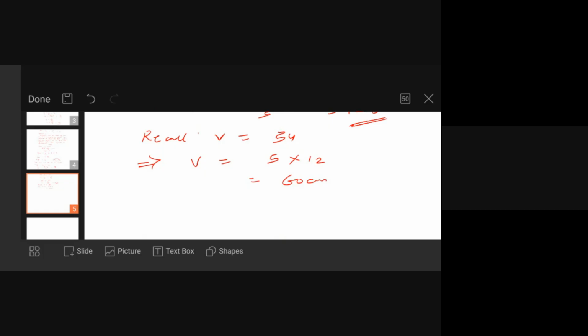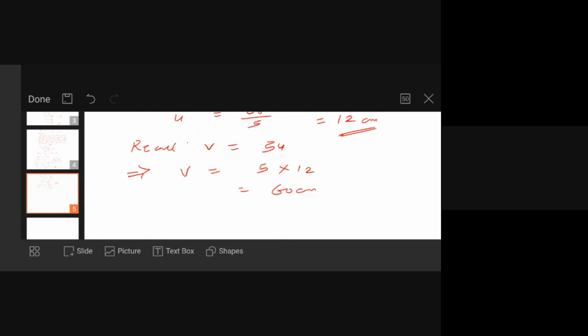And also you should understand the concept of real and apparent depth. All right. So sometimes they will give you some little questions like this, just to test your understanding of optical illusion and stuff like that. Maybe you might be given a question that the depth of a swimming pool is this, when you look at it from the top, and they want you to find the real depth, and then they'll give you the refractive index.